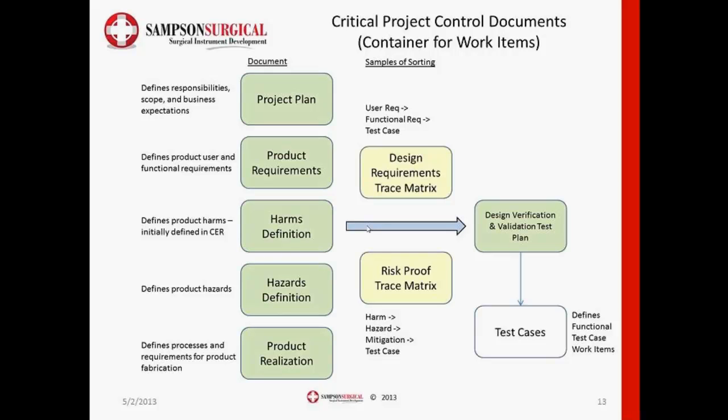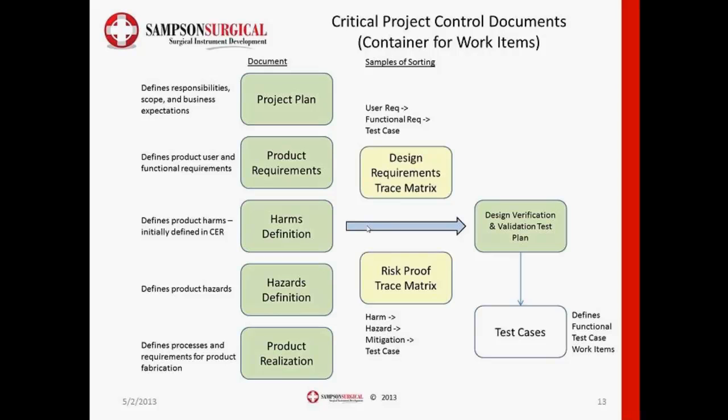Then, of course, the product realization plan defines things associated with the creation of the product, so the inspection points, the supplier controls, the quality management plan, and our process master validation plan would be there. So we'd have quite a bit of process definition with the associated items defined there.